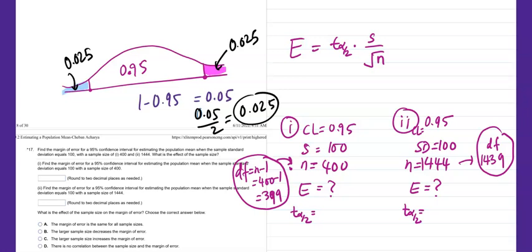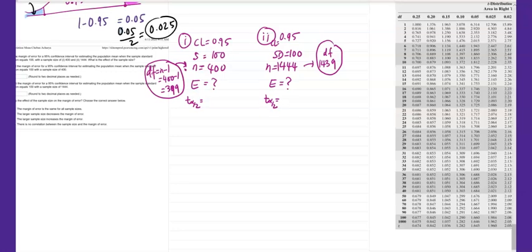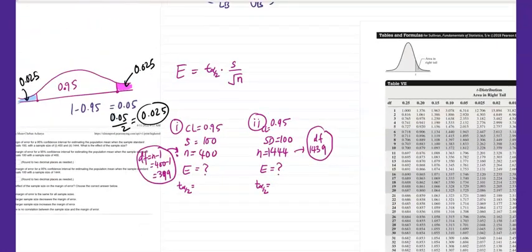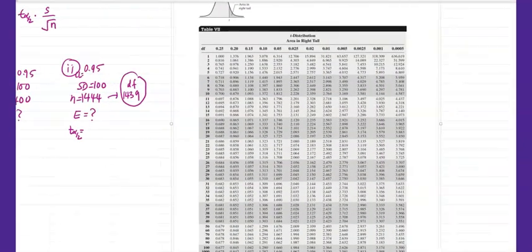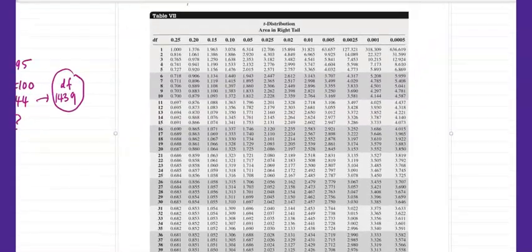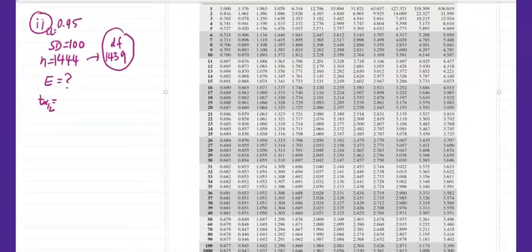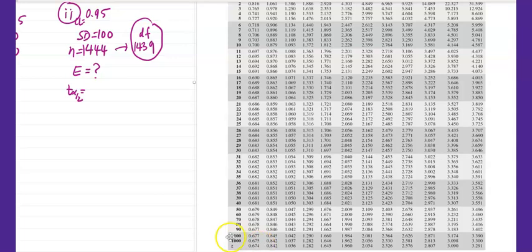But I only need the right area and the degree of freedom. So we have a right area here, 0.025, and degree of freedom for this case here is 399. Let's find the critical value of t. So here's the table. I'm looking for degree of freedom 399, but remember that 399 is not here, but 399 is close to 100 rather than 1000.